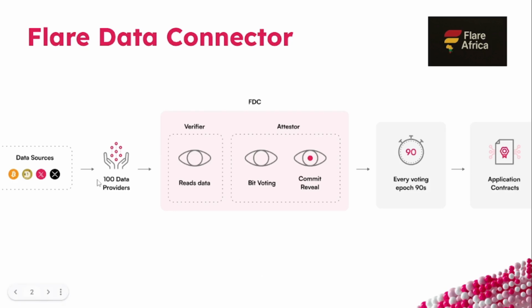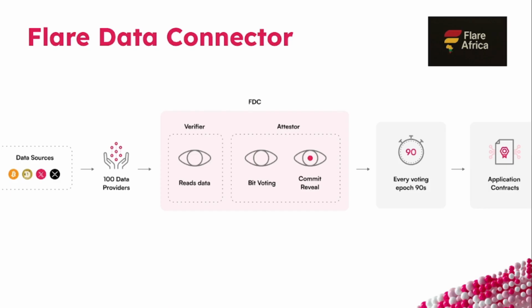As you can see here, there's a depiction of the different sources this data can come from. It could be data from Bitcoin, from Doge, from Ripple, or the X logo here, simply to represent Web2 data. So all those different sources are where the data that Flare Data Connector brings on chain comes from.